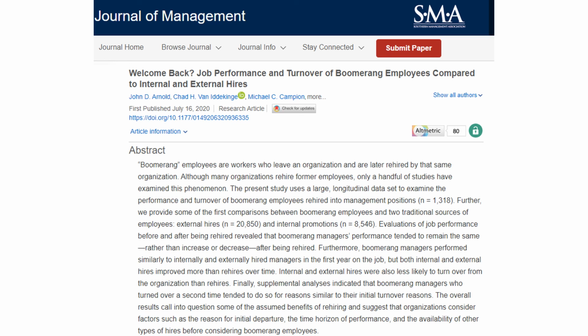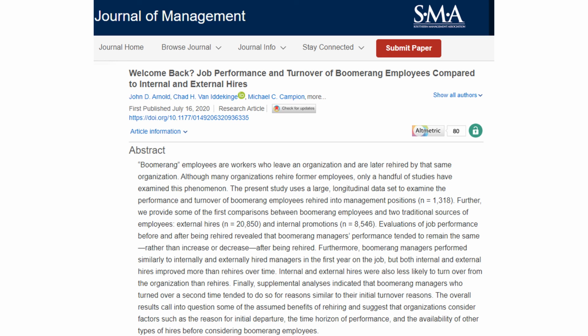The results call into question the assumed benefits of rehiring and suggest that organizations often may be better served by promoting existing employees or hiring external applicants into management positions.